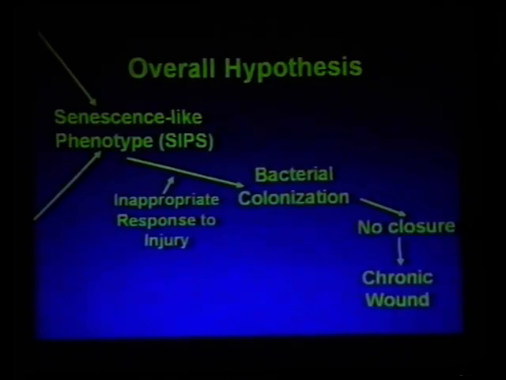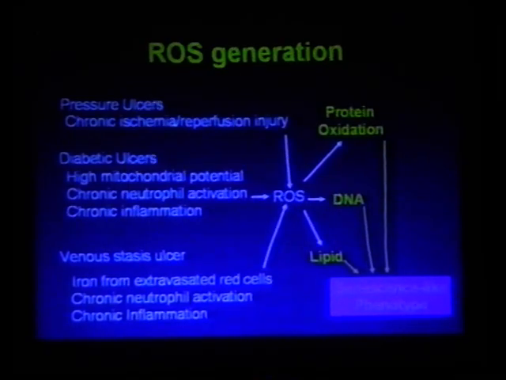So this is the hypothesis. Fibroblasts show a senescence-like phenotype. They're becoming unresponsive to stimuli, and in particular they're unresponsive to injury or to bacterial colonization, and as a result, since they don't respond appropriately, colonization occurs, and that prevents closure of the chronic wound.